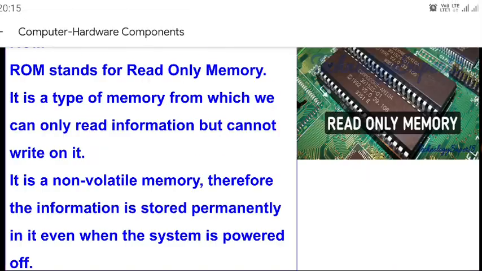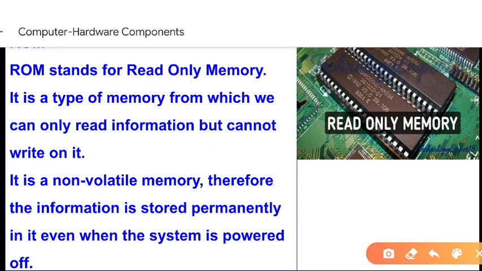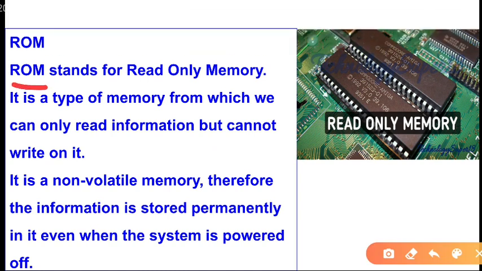Okay, students. Now the next type of memory is the ROM. ROM stands for read only memory. Now you have studied about ROM in the previous classes also. ROM is a type of memory from which we can only read information, but cannot write on it.